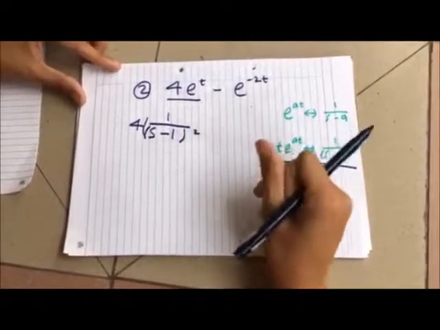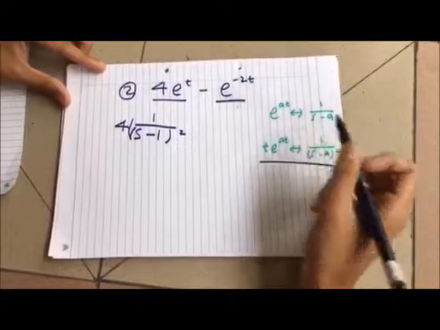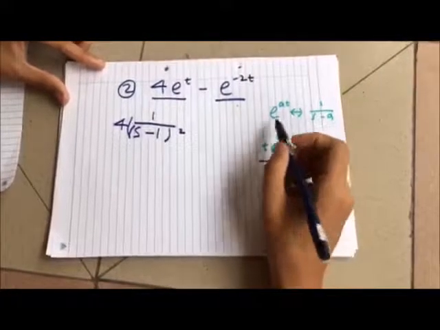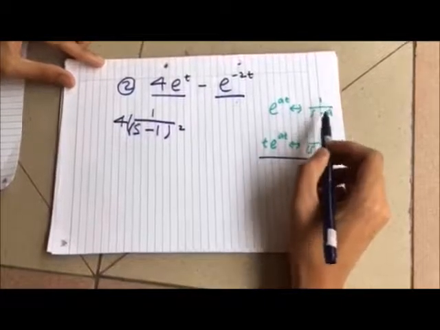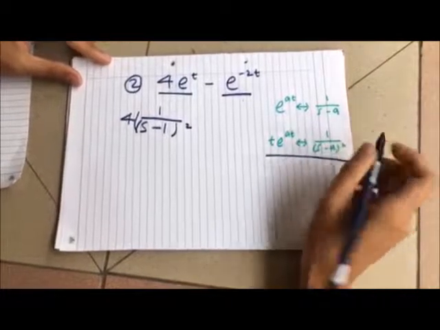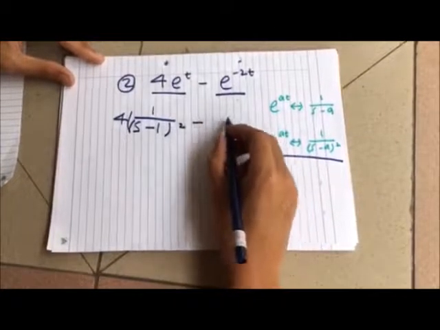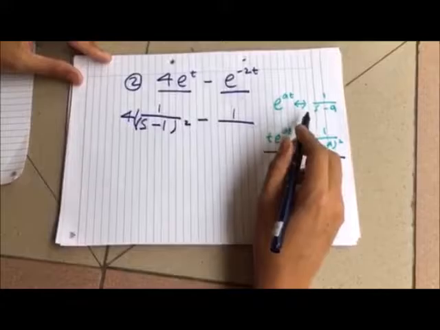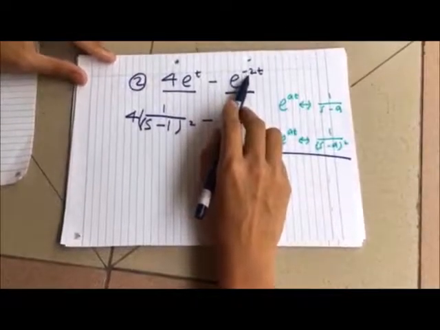Now, referring to the second term, which is e power negative 2t, we can use the first formula, which is e power at, which will give us 1 over s minus a. Putting that into the formula, it will be minus 1 over s minus our a. Our a in this case is negative 2.